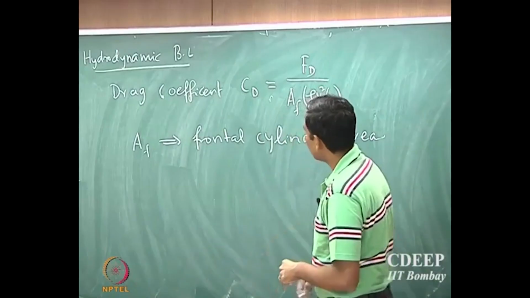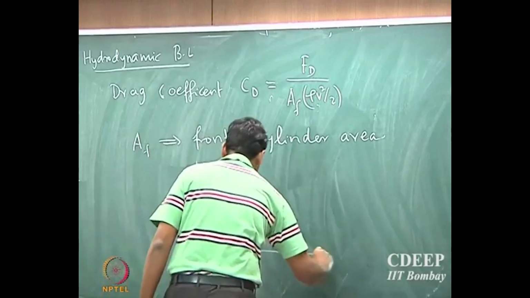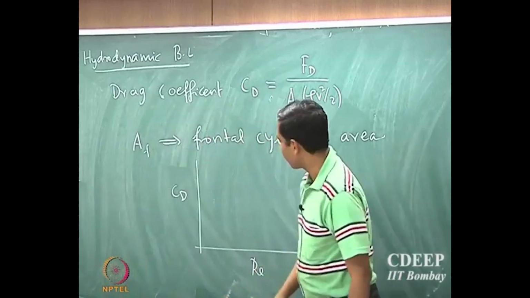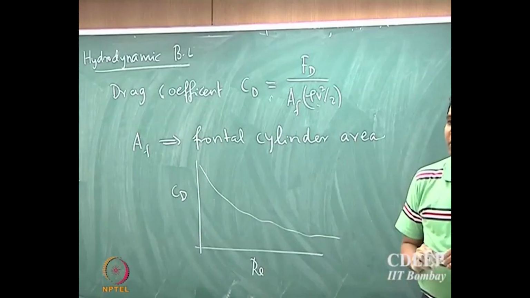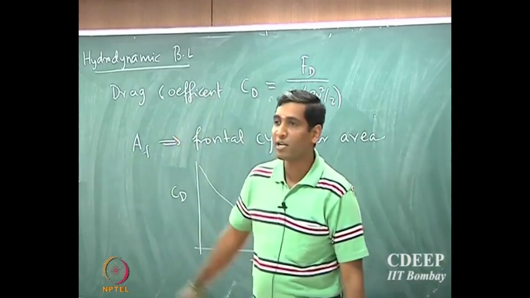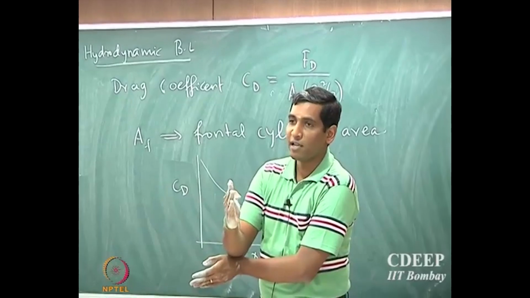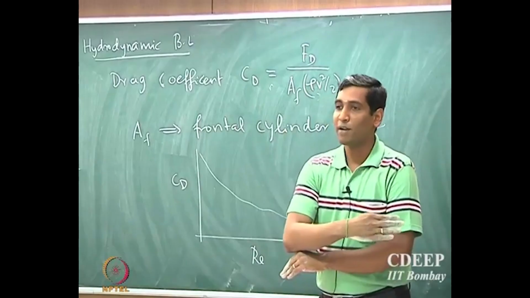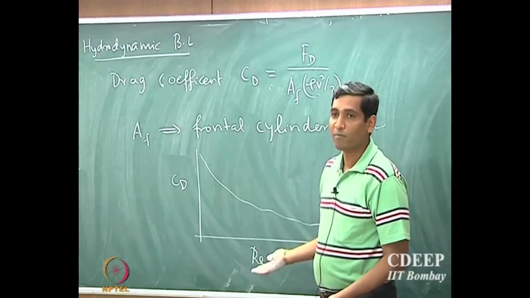Based on that the drag coefficient is defined, and if I look at the drag coefficient as a function of Reynolds number, it's a decreasing function, and the reason is very simple. Remember that when you have laminar conditions, the separation occurs at a much smaller angle, and there the drag is much higher, and at turbulent conditions because the velocity is much higher, the drag is not that high, and therefore the drag coefficient is much smaller.